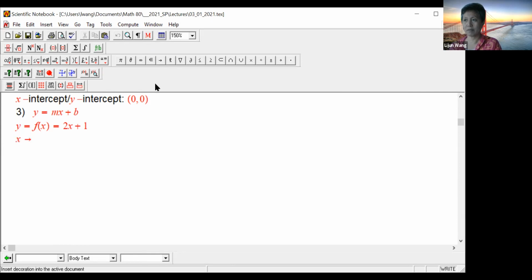This input is given, and the rule applies to it. It produces an output. And this output is f of x, of course, equals 2x plus 1. How does this rule work? You give me an input, right? I take this input, I multiply the input by 2, and then I add 1. I operate on your input x, and an output is produced. Do you follow me?